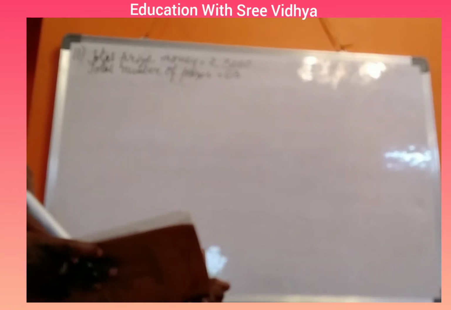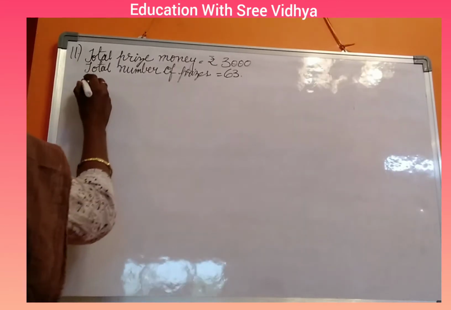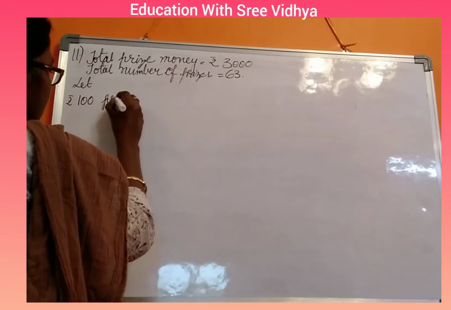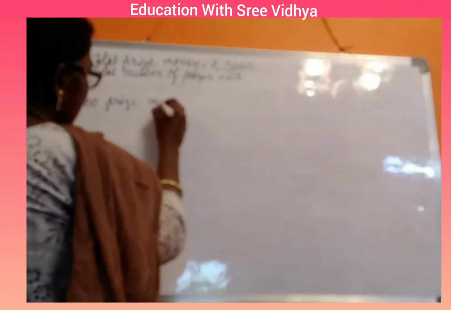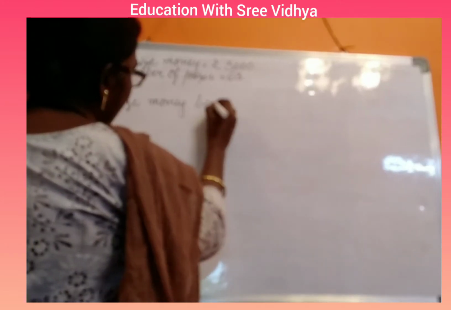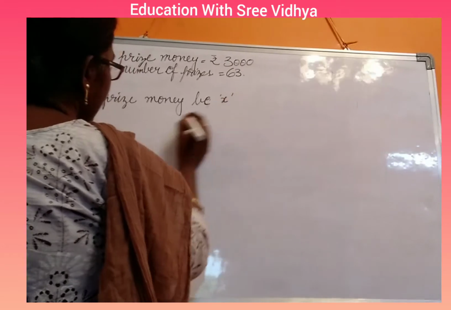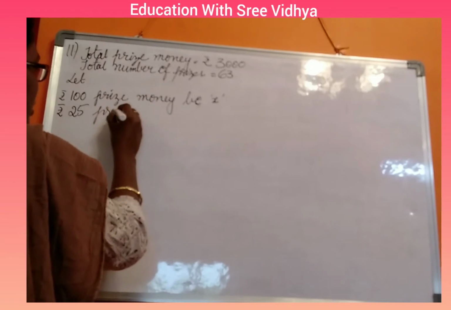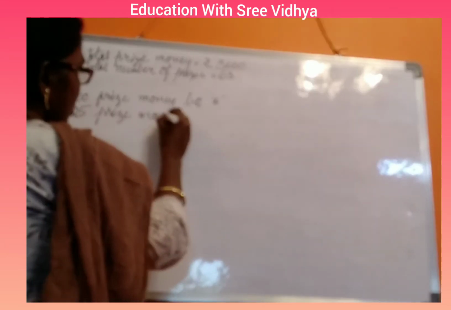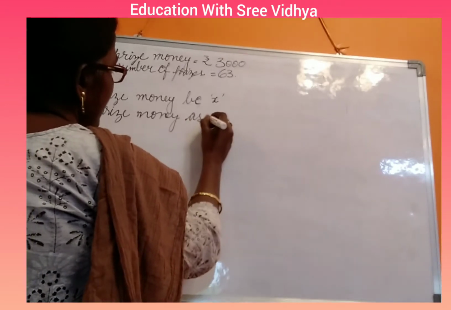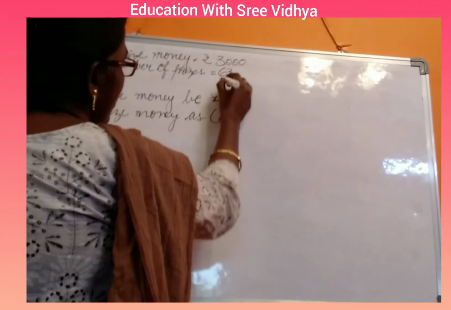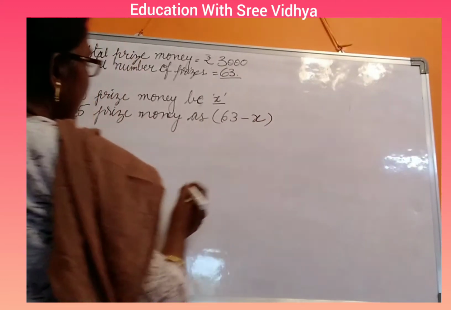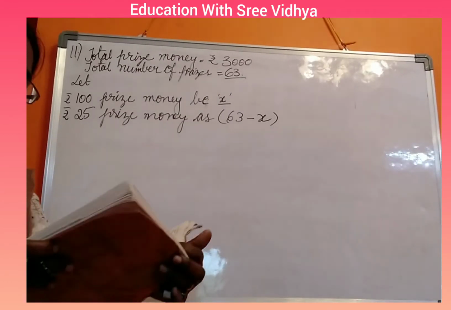So let us assume that the number of 100 rupees prizes be X. I am assuming this as X. Now the number of 25 rupees prizes, I need to reduce X from the total number of prizes, so that I will be getting the number of 25 rupees prizes.